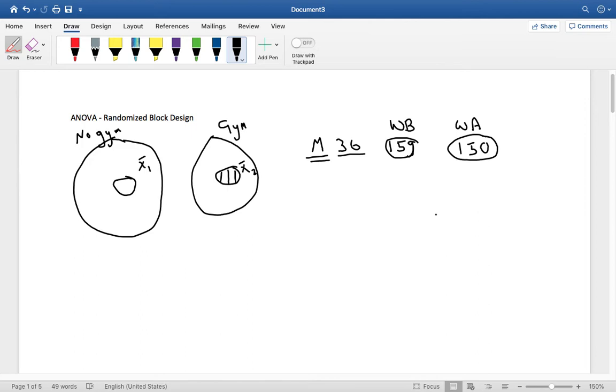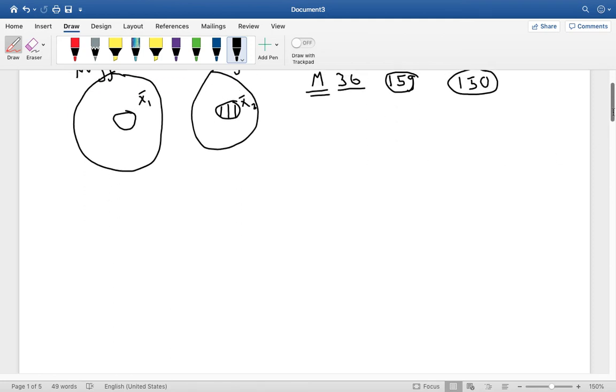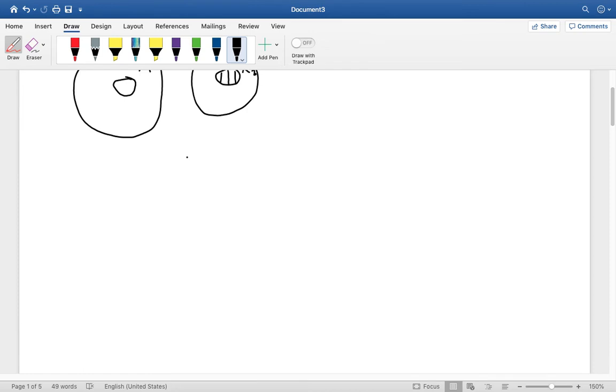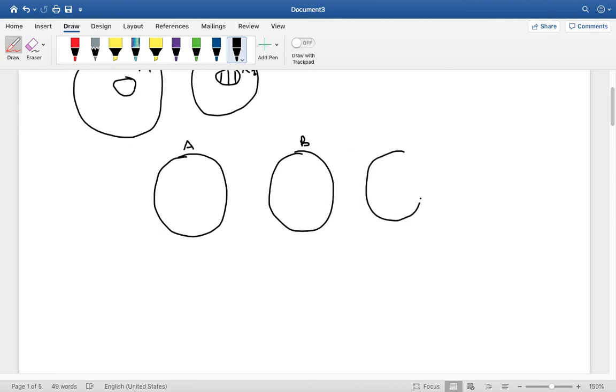And so with ANOVA randomized block design, we can actually extend that result to comparing the means of more than two populations. For example, we may have 3 different drugs, drug A and drug B and drug C. And these drugs all lower your cholesterol.